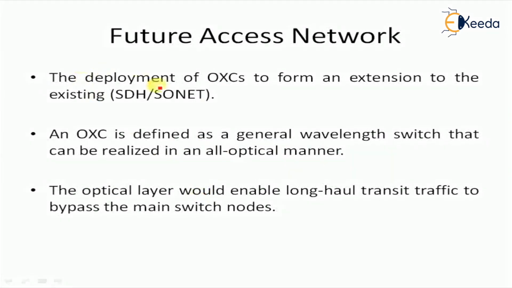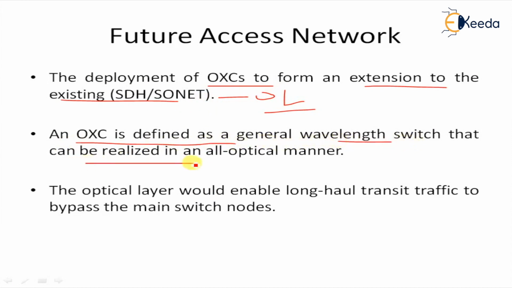Next, the deployment of OXC, meaning optical cross connect, as an extension to the existing SONET/SDH. They provide functionality at the network layer, or in this case the optical layer. An OXC, optical cross connect, is defined as a general wavelength switch that can be realized in an all-optical manner: optical input, optical switch, and optical output, or alternatively with an electric switch fabric, OEO, meaning optical to electric, electric to optical, based on the choice of different technologies.